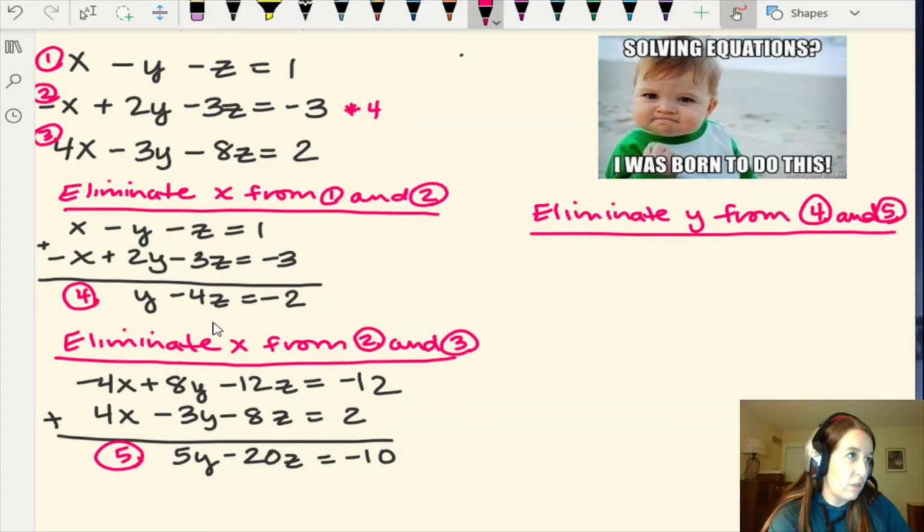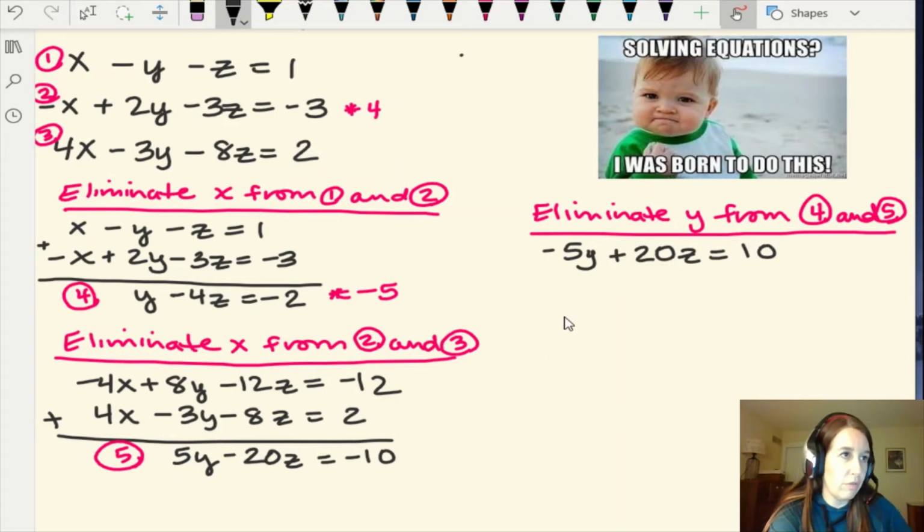Okay, so for equation 4, it looks like we need to multiply that equation by negative 5 in order to create that opposite coefficient on y, negative 5y and positive 5y. So when we do that, negative 5y, negative 5 times negative 4 is plus 20z, and negative 5 times negative 2 is equal to positive 10.